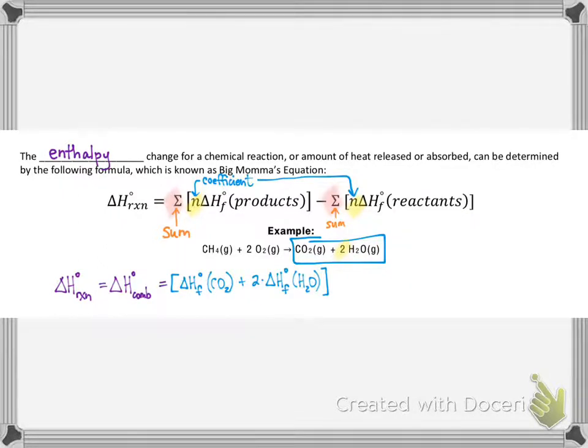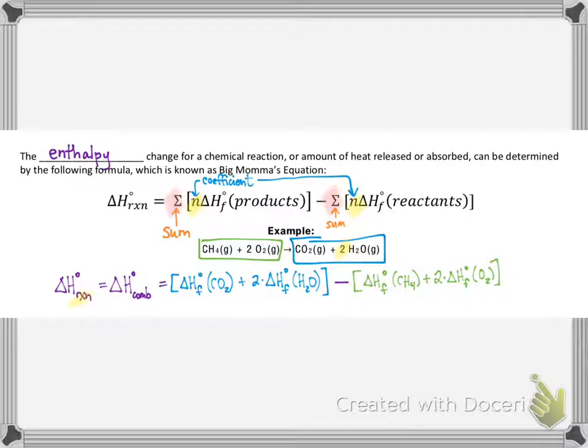And so we basically take those 2 things and we add them together. And then we're going to subtract the same stuff, but this time we're going to look at the reactants, which means methane and oxygen gas. Now, of course, if we actually want to solve for delta H of the reaction, we need a table of values, and we just plug in the values. But hopefully you can see the math on this really isn't that bad.